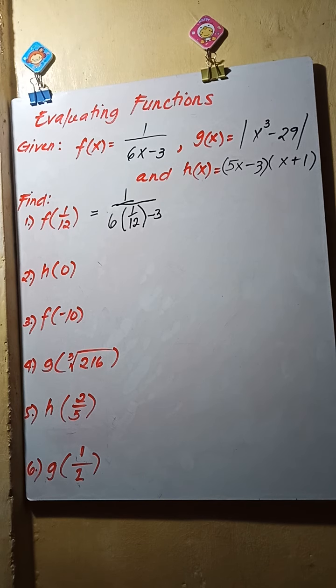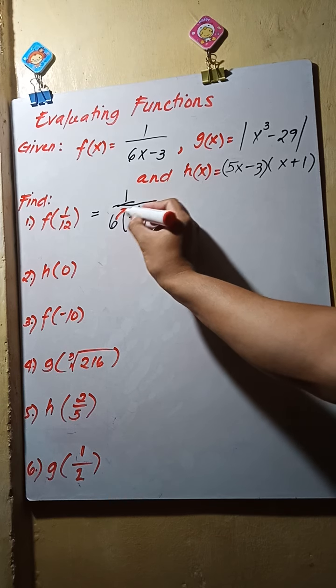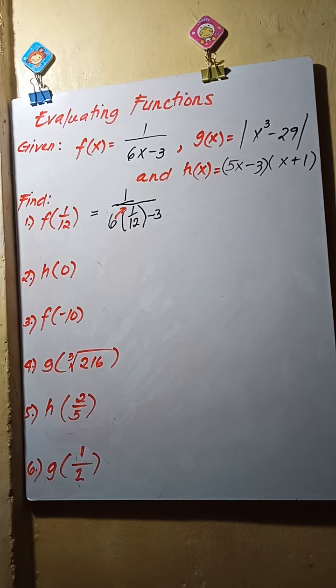So, we just simply multiply. I-multiply lang natin 6 times 1 over 12. 6 times 1, that is just 6. 6 divided by 12, that is 1 half. Correct, that is 1 half.